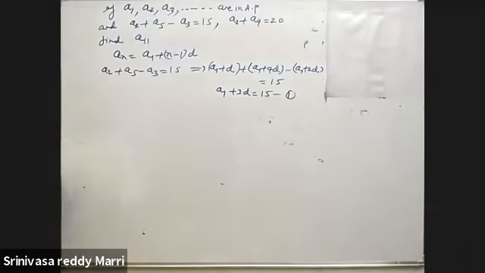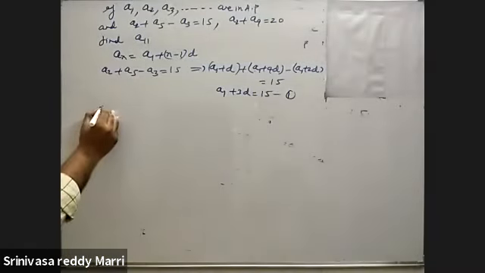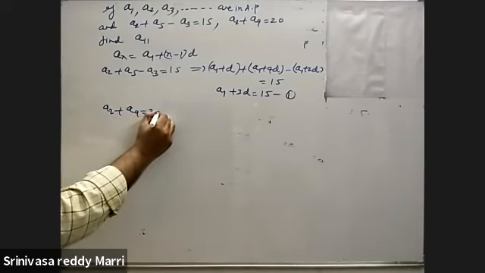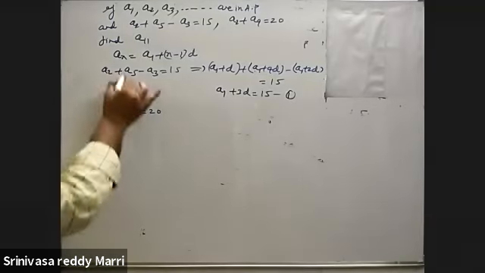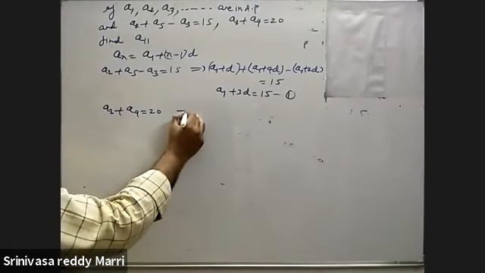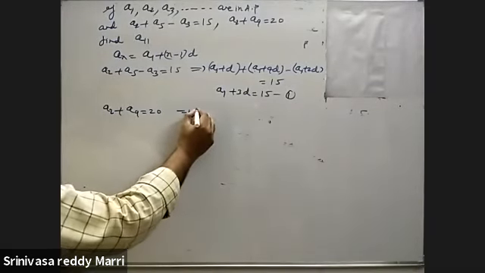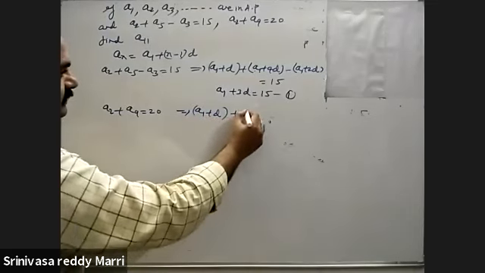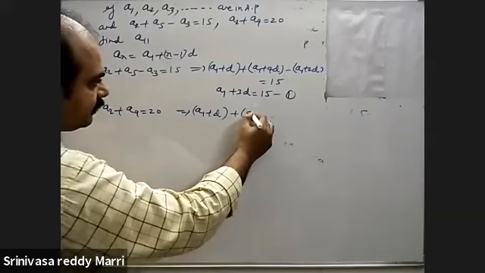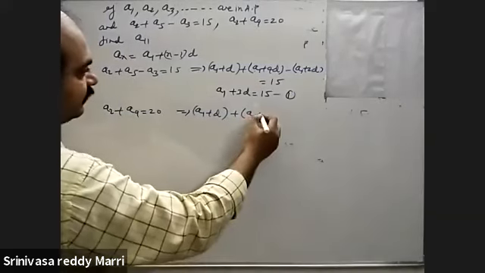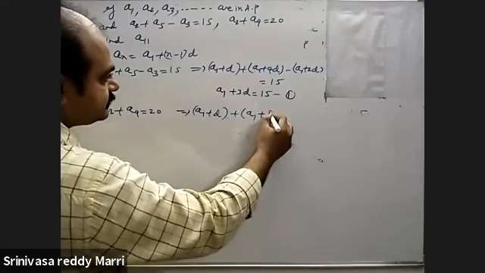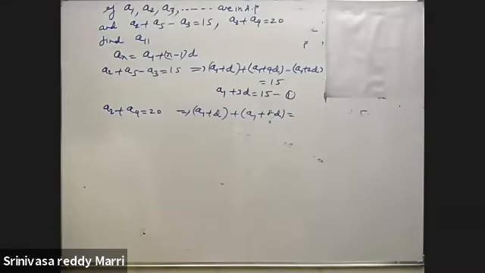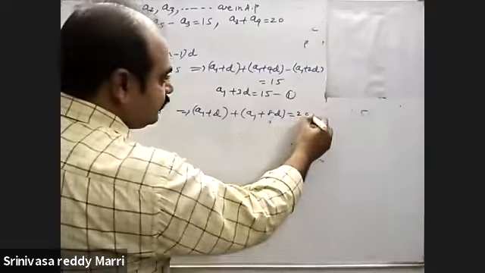Now, next given that A2 plus A9 equal to 20. A2 means substitute n equal to 2, so A1 plus D, plus A9, substitute n equal to 9, A1 plus 8D, equal to 20.